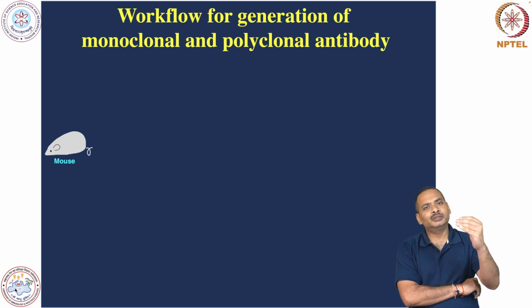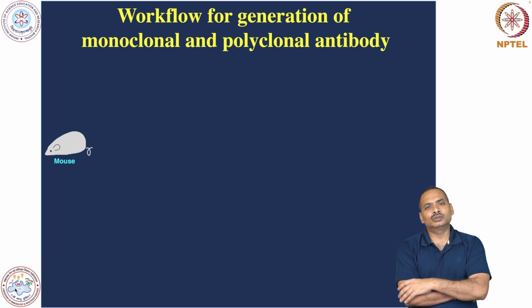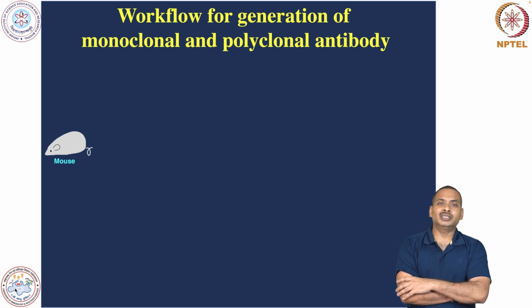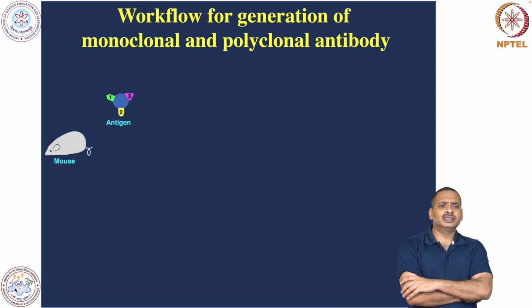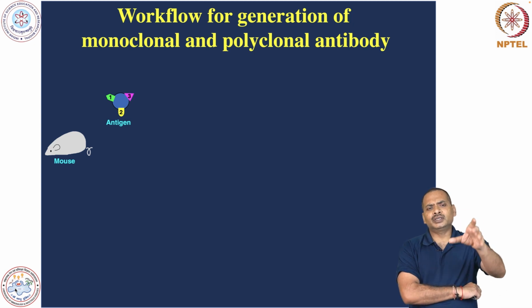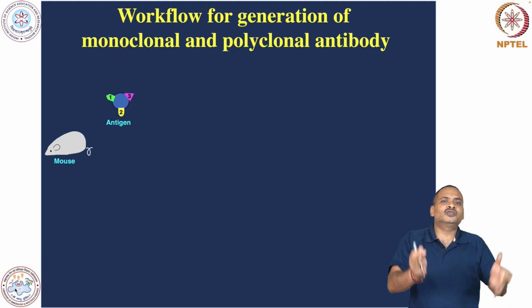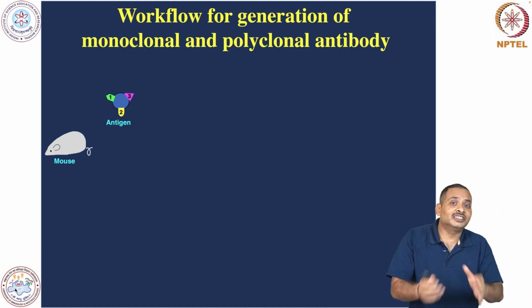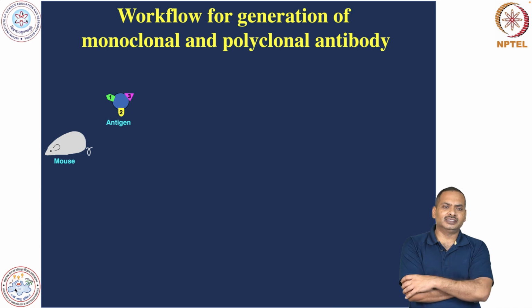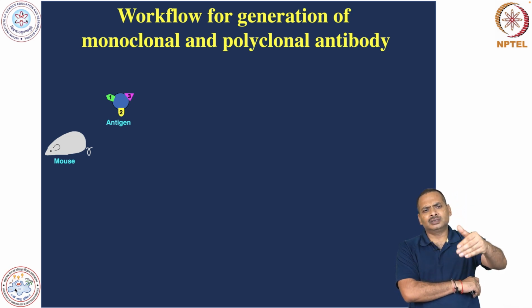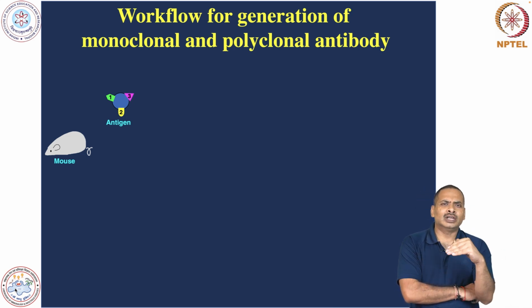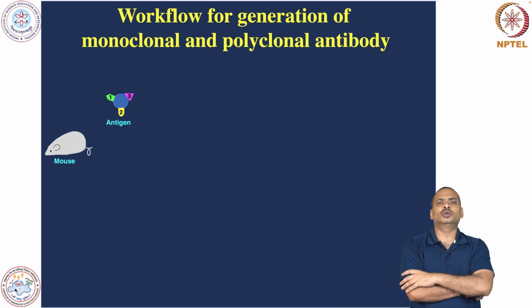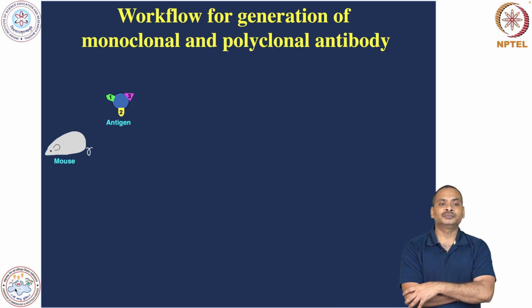I put a mouse because I want to discuss the monoclonal antibody, which is mainly generated in the mouse. Here is the antigen, and you can see that 1, 2, 3 are the surfaces, the antigenic determinants or epitopes over the antigen. I made it this way because it will help in understanding the concept of monoclonal and polyclonal antibody.